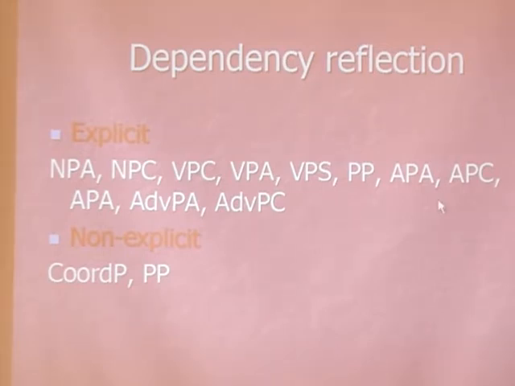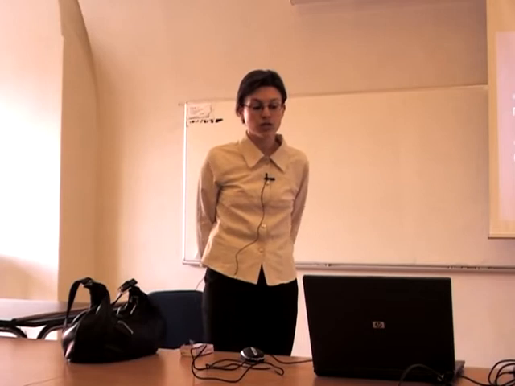So in most of these structures we can derive the head, because obviously in some structure NPA the head will be N. Problematic are only the structures with two N's, NN, or when we have two participles, I mean the same label. Then we have problems to derive automatically the head. But otherwise it's a trivial thing. And non-explicit coordination phrase, which is anyway headless, and PP.